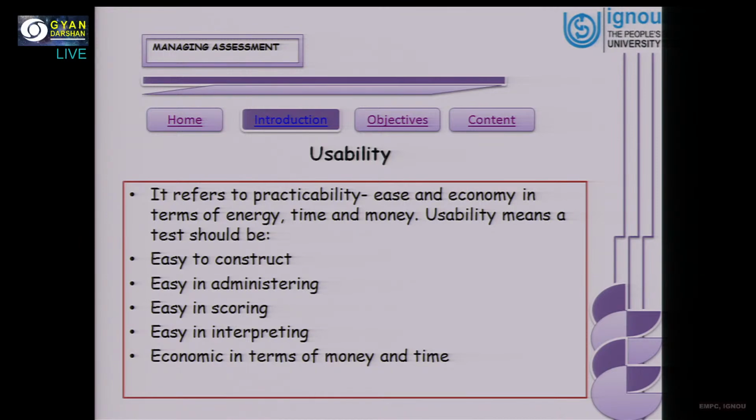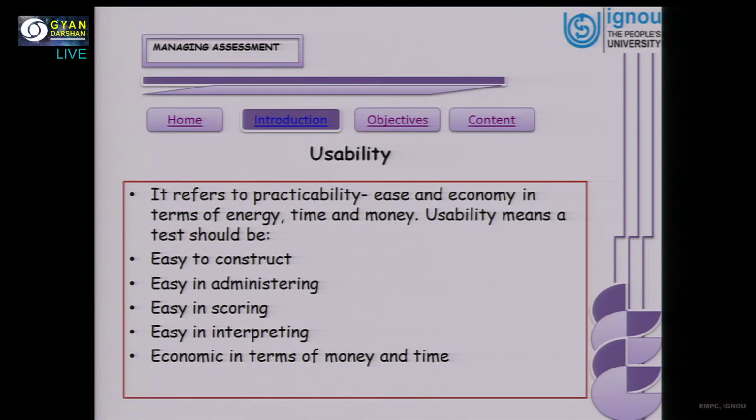Before going to the usability, we can think in what way the test is usable. What does it mean that a test is usable? It refers to practicability. We can think that it is the practical aspects of a test.